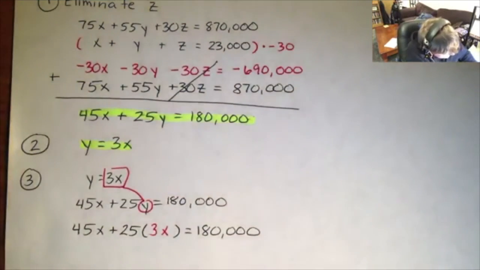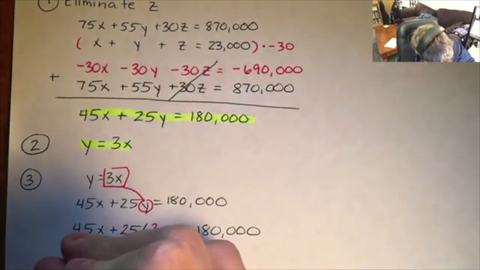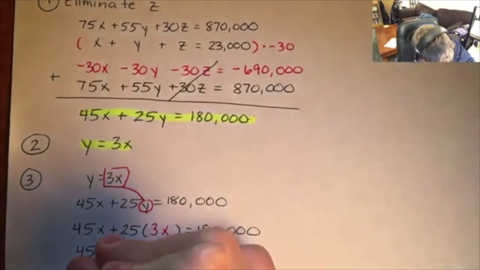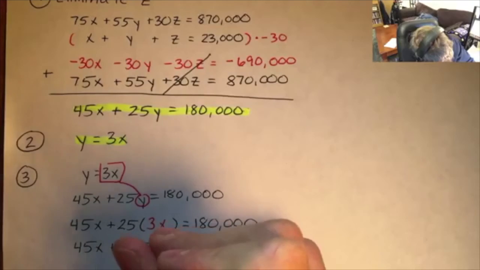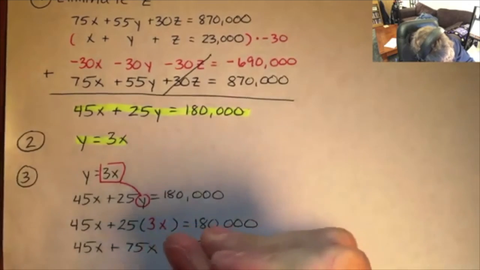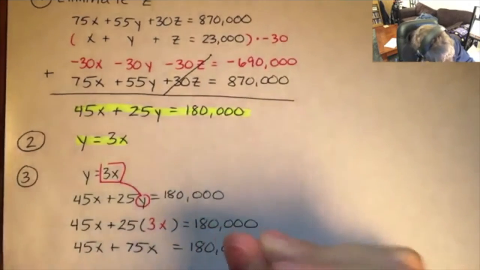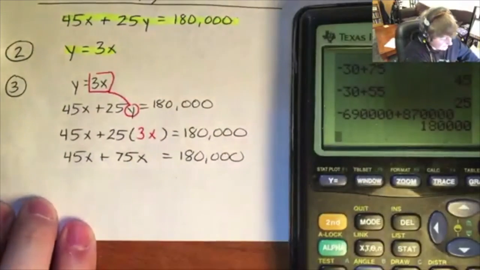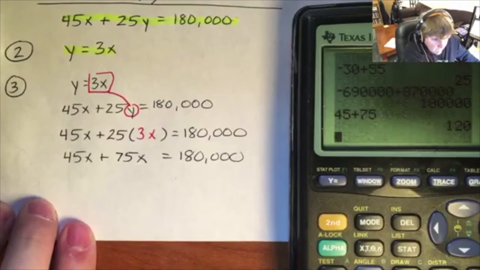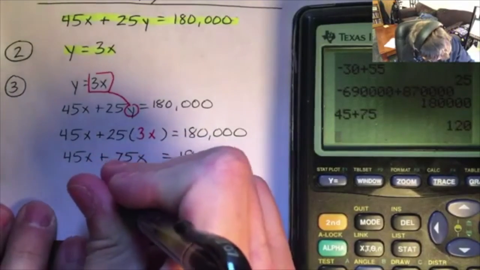Okay, and so 45x plus 75x, because 3 times 25 is 75. Alrighty. And let's go 45 plus 75. 120. So this is 120.